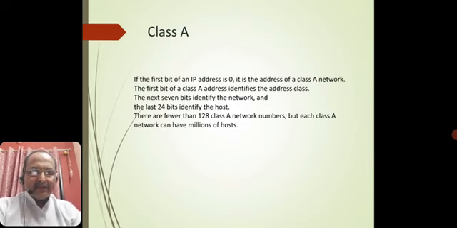The next 7 bits identify the network which we are going to address, and the last 24 bits identify the host. There are fewer than 128 class A networks, but each class A network can have millions of hosts, where each system is uniquely identified in the world of global internetworking.